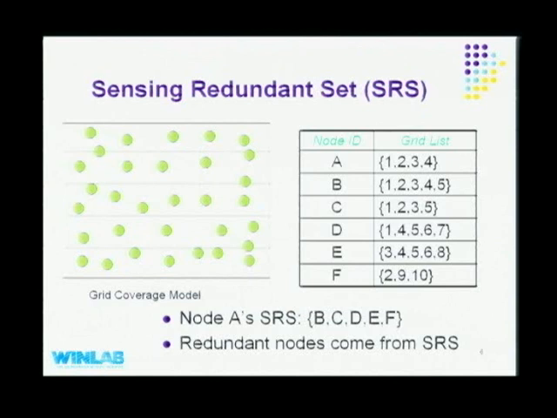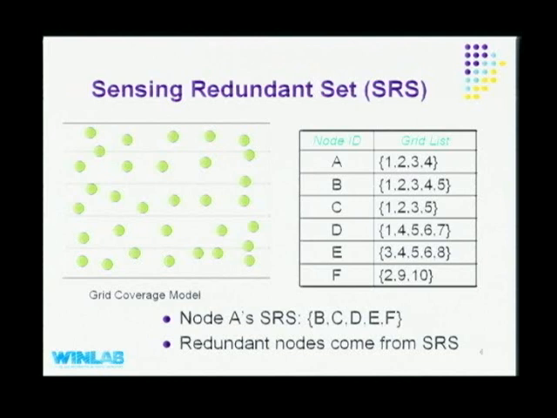Each node is supposed to cover some of the grid points in this network field. For example, node A covers grid points 1, 2, 3, 4, and node B covers grid points 1, 2, 3, 4, 5.